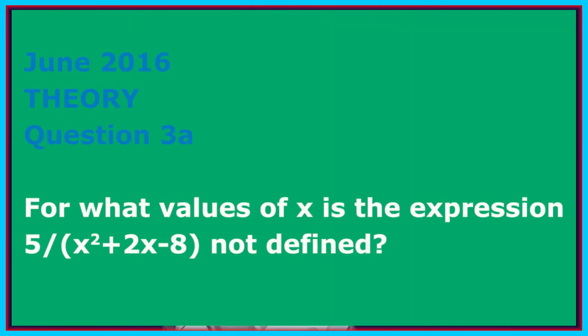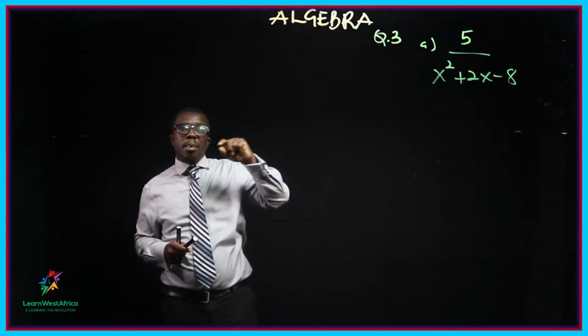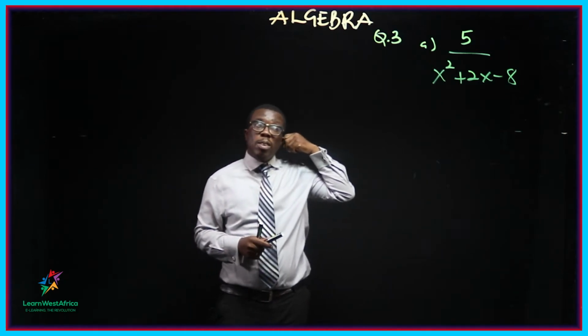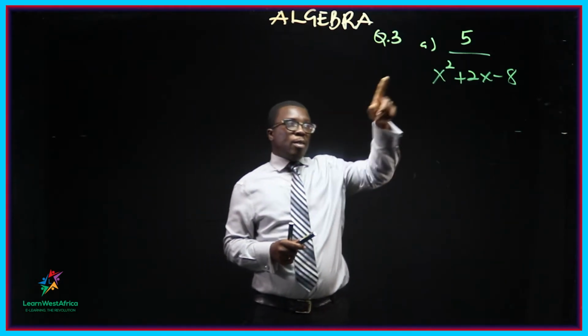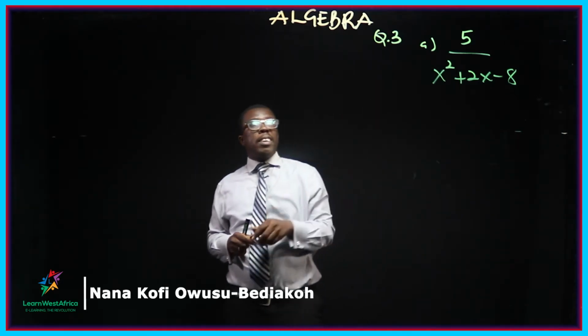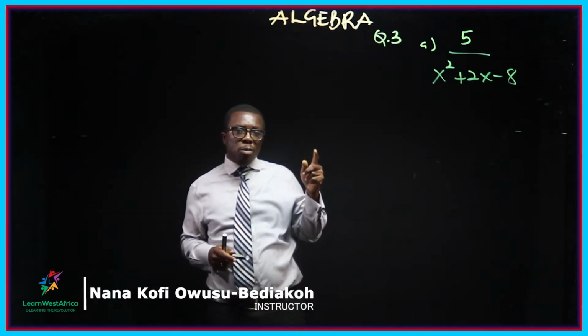Theory question, 2016 June. Question 3a. For what values of x is the expression 5 all over x squared plus 2x minus 8 not defined? We are looking for the values of x for which the function is not defined.